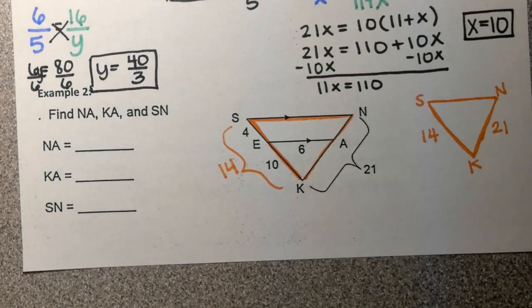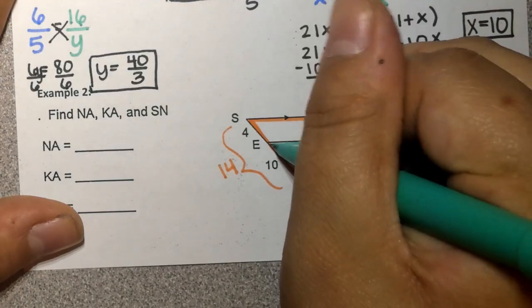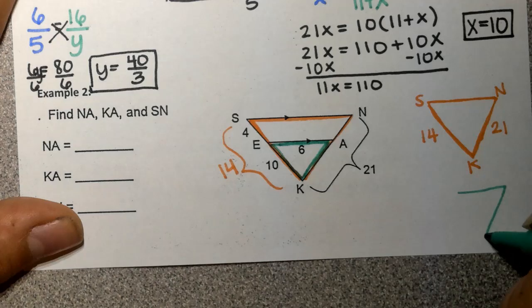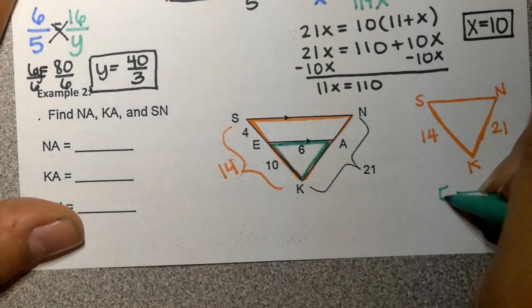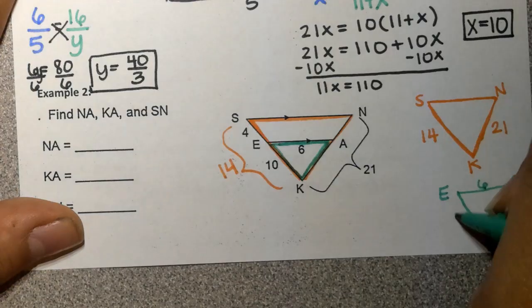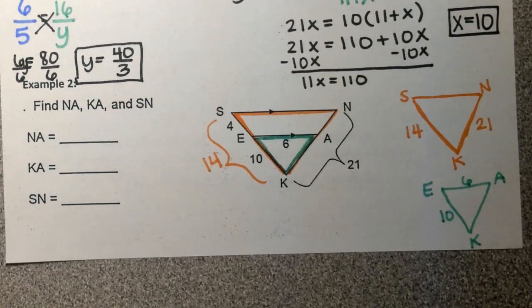And then I'm going to draw the little triangle. That is EAK. And I know that side's 6 and that side's 10.